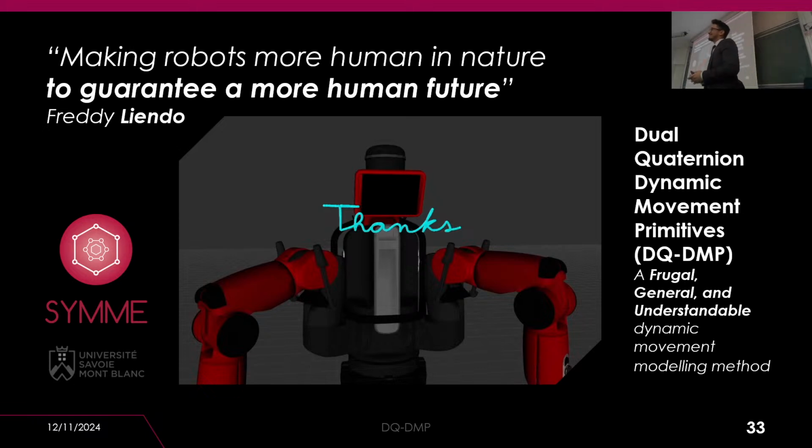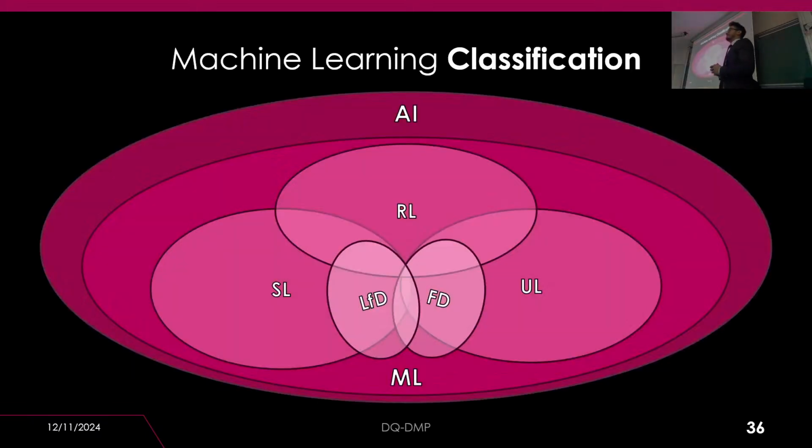At the beginning, I don't completely agree with the classification you did between reinforcement learning, supervised learning, and unsupervised learning, because in supervised and unsupervised learning, typically you learn a model of the system. In reinforcement learning, you don't learn a model, but you learn a controller. So they cannot be compared because they have different goals.